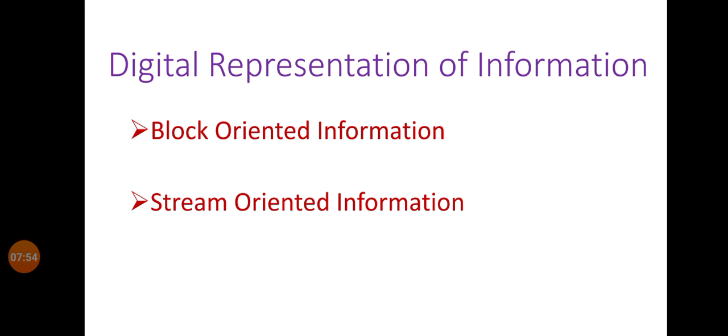Once again I will repeat what is stream oriented. Stream oriented information means voice or music or video we can consider, the information that is produced continuously. So that is stream oriented.